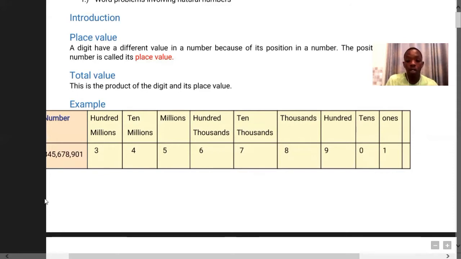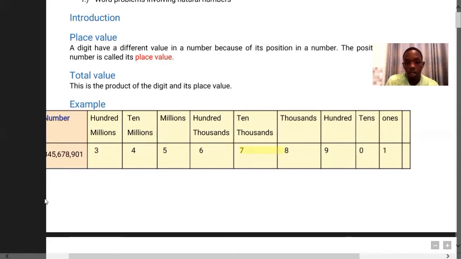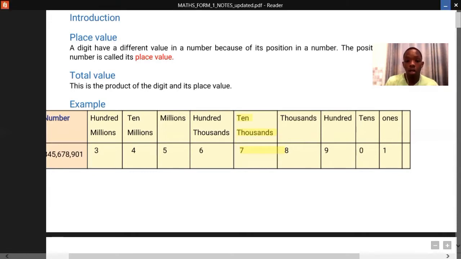Let us focus on this number 7, for example. This 7, this is the place value. The place value is 10,000, but the total value of the number is 7.